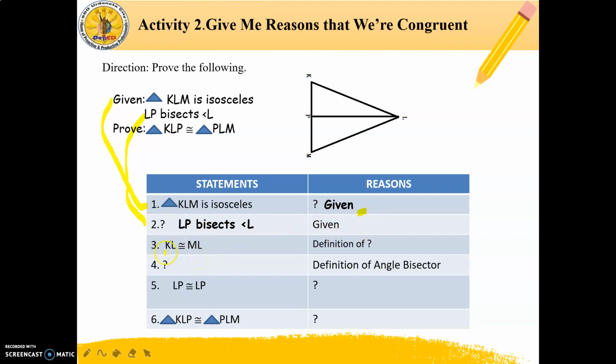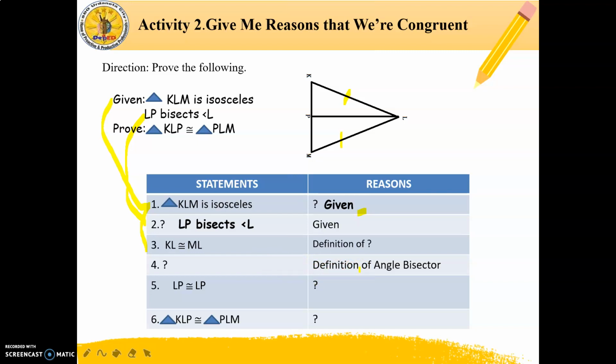Next, KL is congruent to LM. Going back to the figure, KL is congruent to LM. What is the valid reason for this? Since it was stated from the given that this triangle KLM is isosceles, the two sides must be congruent, right?